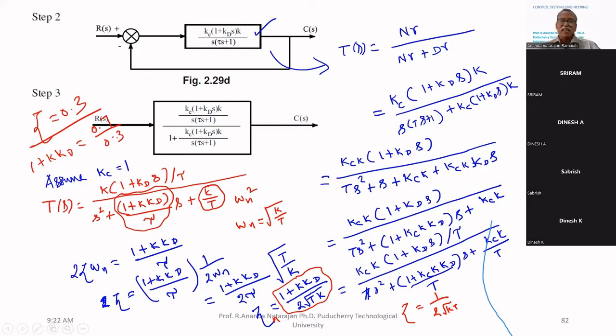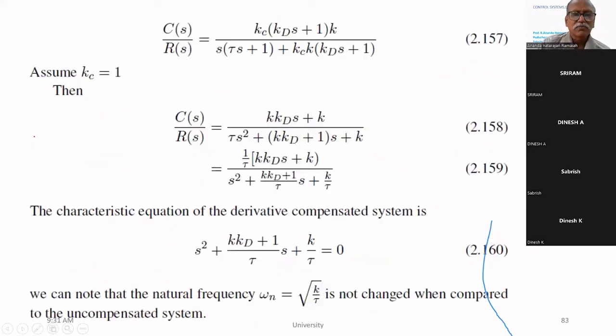If we select 1 plus Kd equal to 0.7 by 0.3, then automatically the system will be modified with zeta of 0.7. So its natural frequency is not modified, but its zeta value is modified. We can select zeta by using this derivative control.